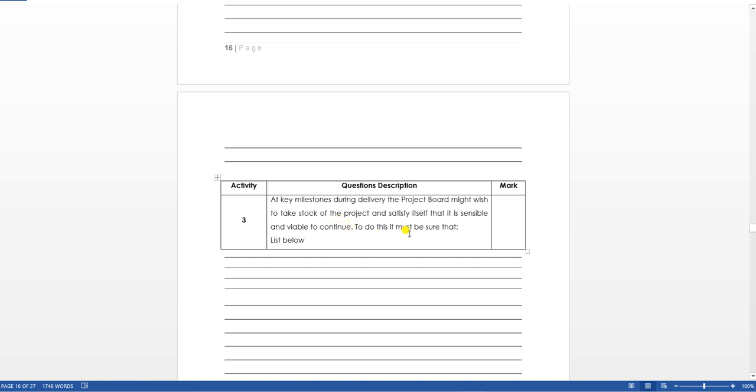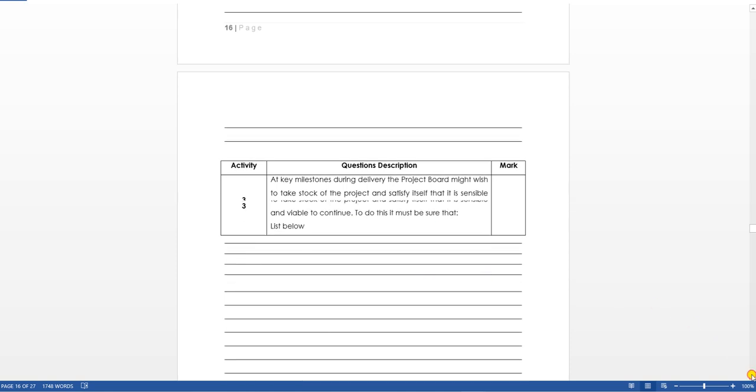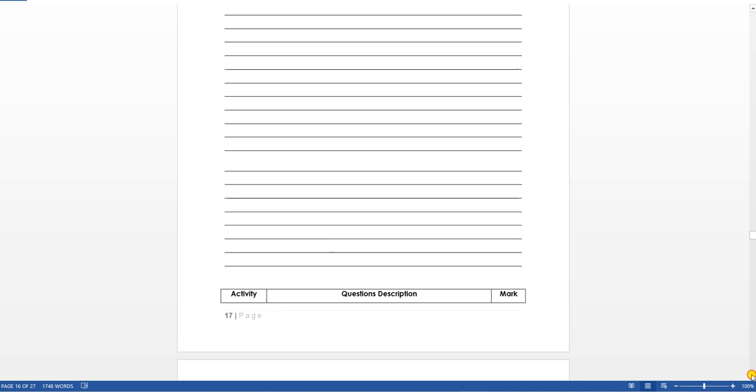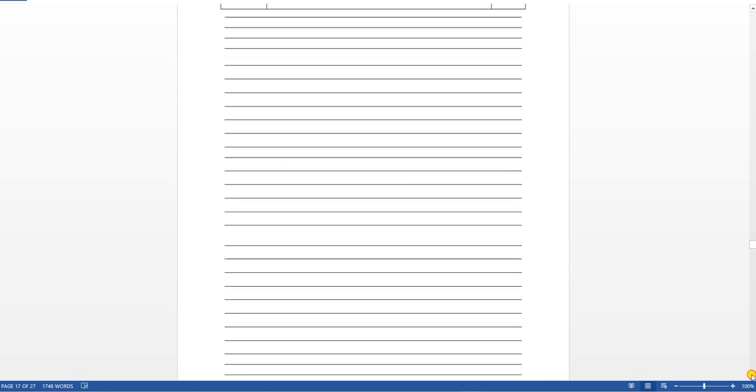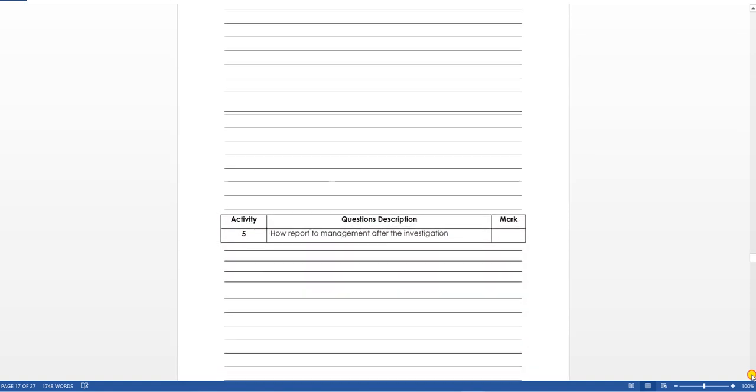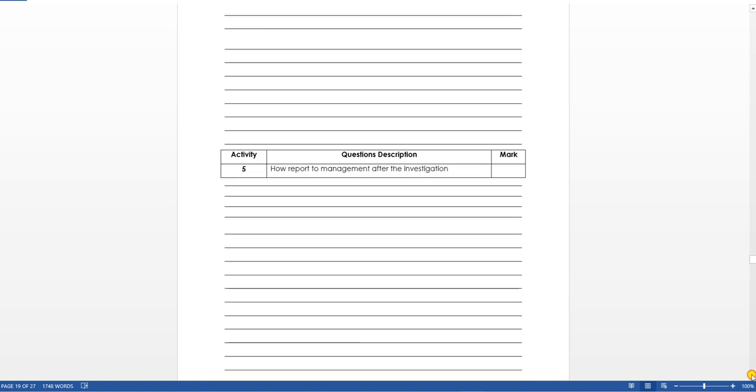So to do this, you need to list below. Okay, I think there's an error. This assessment or questions, it's a repetition of one of the unit standards we've managed to do.